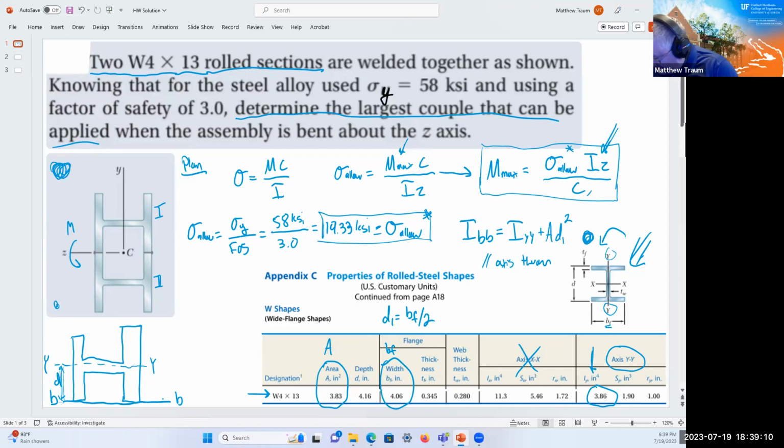Because this distance divided by 2 gets me from here to here, which is that same distance that I've called D1, on this guy that's tilted over. So now I've got all those pieces of information, and I can write out my parallel axis theorem and get the value for I sub Z. So let's move to the next slide and do that.